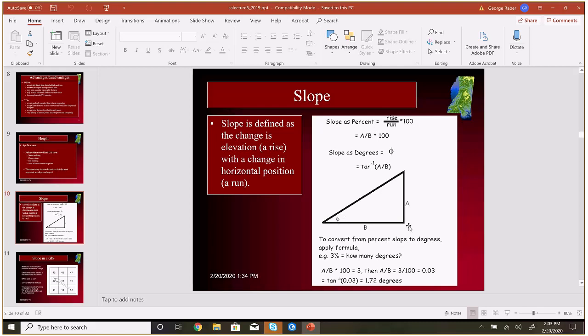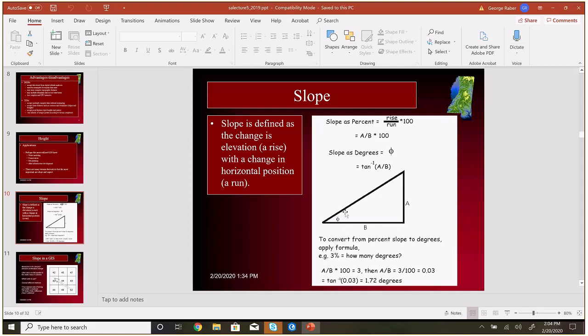So if we're going to calculate the slope between any 2 points, so this was 1 point, that's another point, we find the run and the rise values. Okay. We can also calculate, instead of as a percent, in degrees by just taking the inverse tangent of that value, and that'll give us this angle.